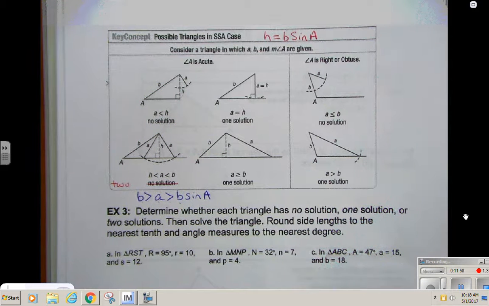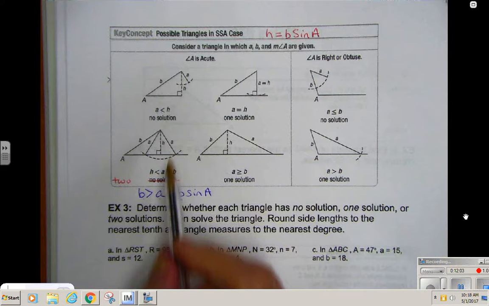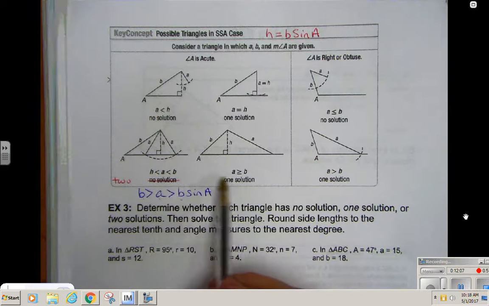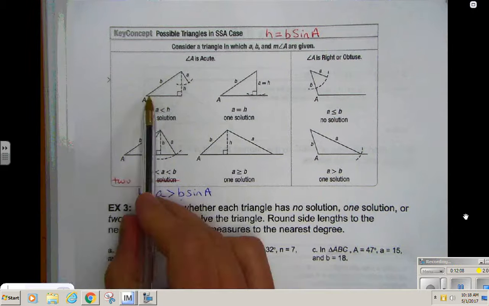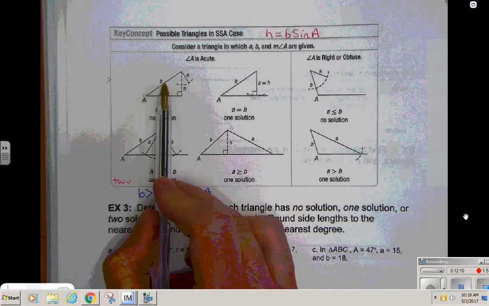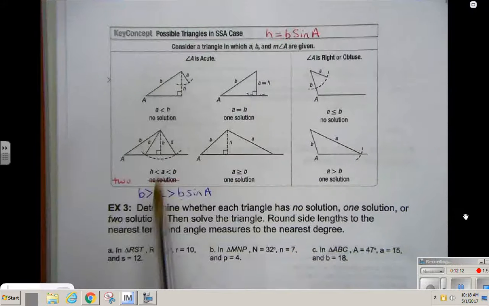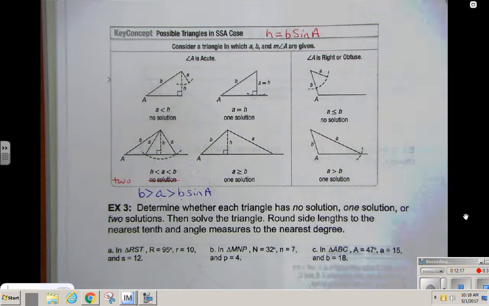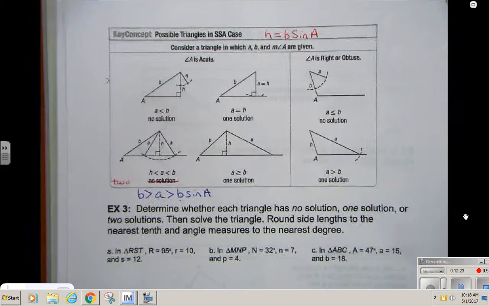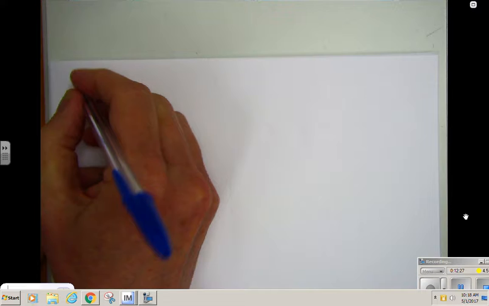Okay, so let's do a couple of examples. Now one thing you need to notice is the setup here, they're using angle A, side A, and side B. So when the triangles that they're giving to us have an angle name and side name that are the same, that's like your angle A and side A. So let's do A for an example, and I'll show you further what I mean.